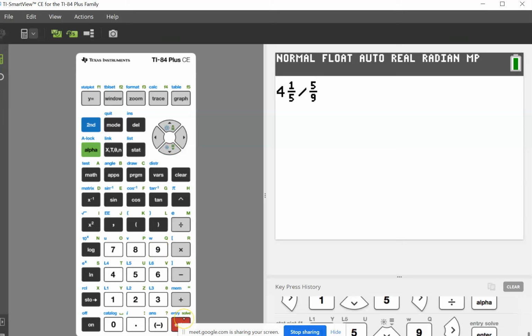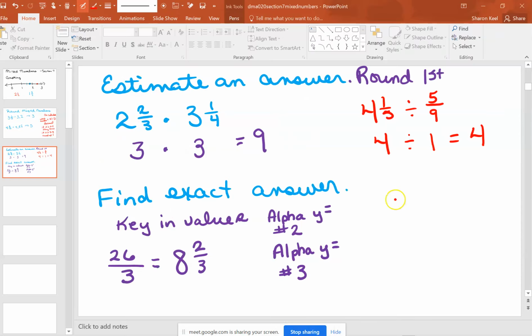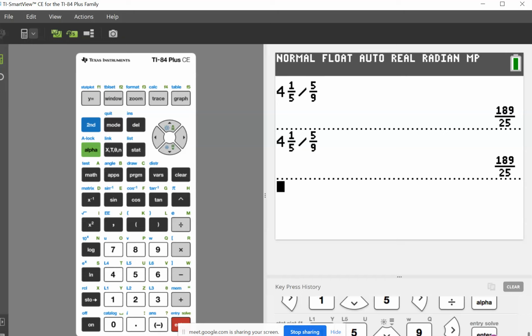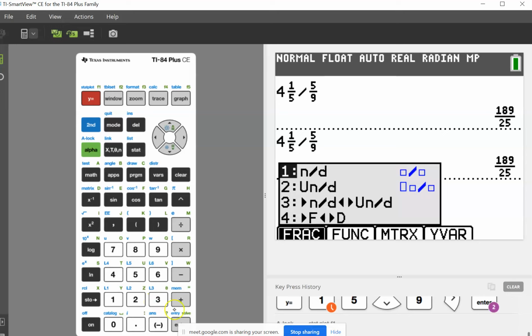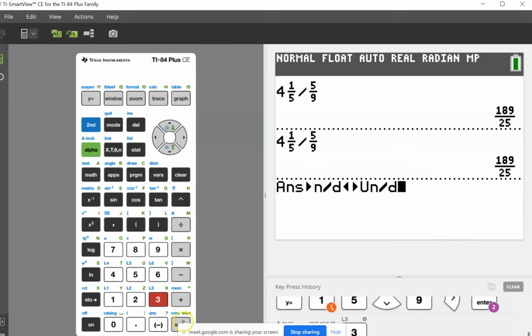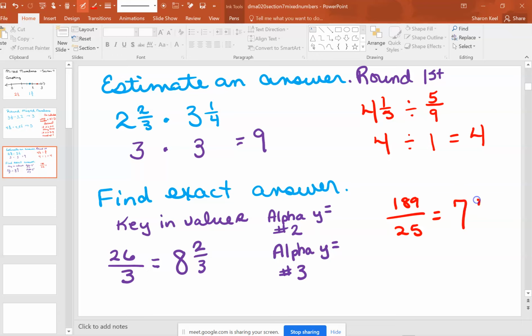And as a solution, it's going to give us an improper fraction, 189/25. We're going to want to see that as a mixed number. So we're going to choose the option alpha, y equals, number 3 to convert it back to a mixed number. When we choose number 3, it's going to take our improper fraction, and as a mixed numeral, it is 7 and 14/25.